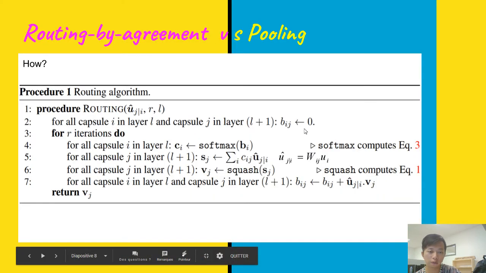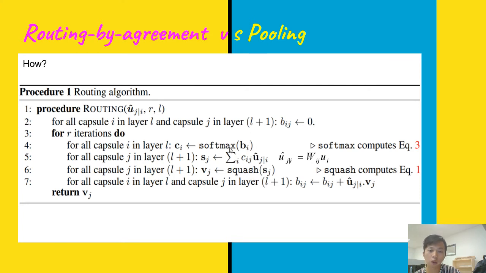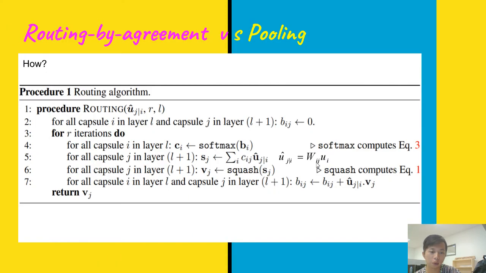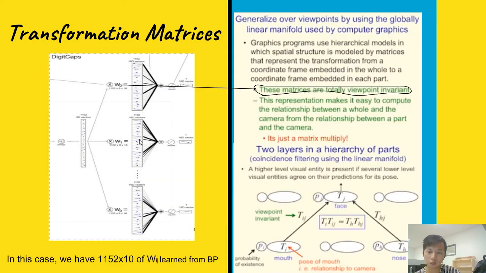Here we initialize the weights, and then we use softmax to normalize the weights. And then, a very important part here. So u_i is the output of the primary caps, an 8-dimensional vector. And W_ij is a transform matrix between capsule i and capsule j. Capsule i from primary caps, capsule j from the digit caps.